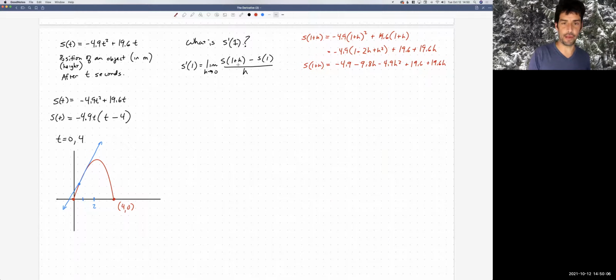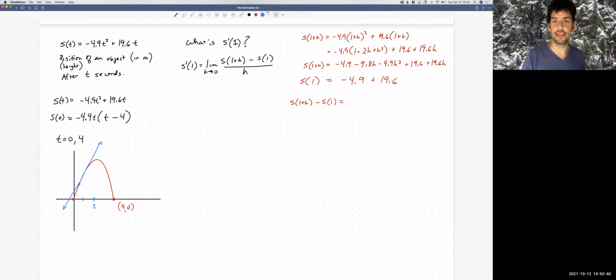Because I'm thinking ahead and noticing that I'm also going to subtract S of 1, which is going to have a lot of similar terms. So a lot of this is going to end up canceling. So I'm not going to do too much more work until I know what I have to do. S of 1 is simply negative 4.9 plus 19.6, which means S of 1 plus h minus S of 1, right?